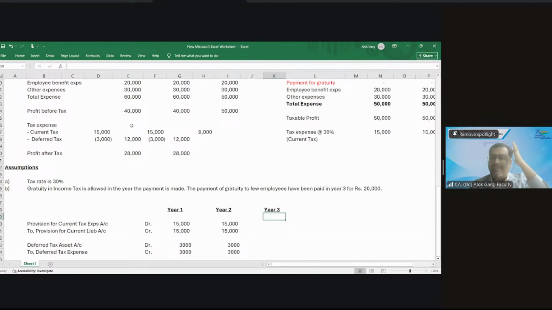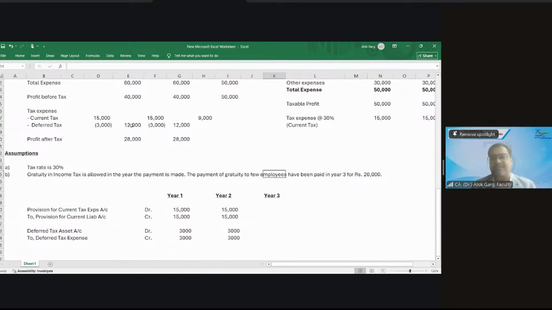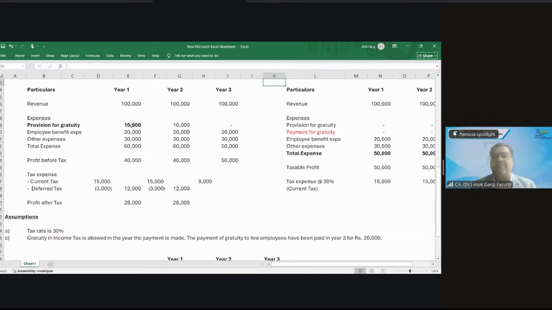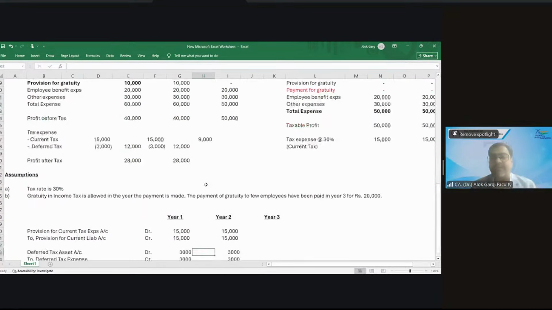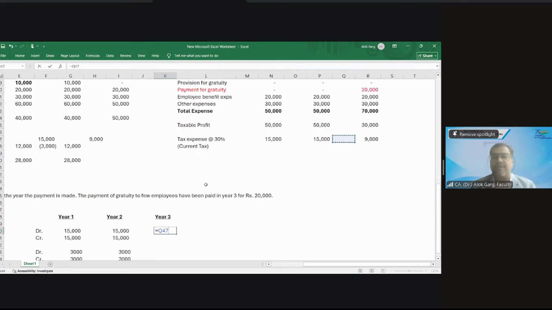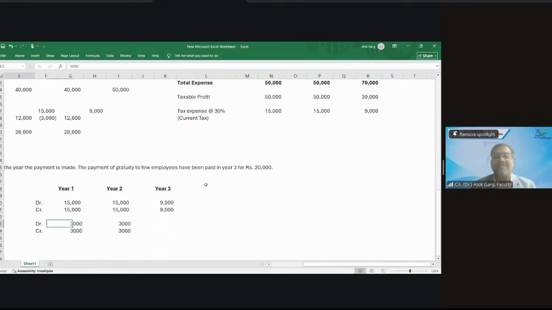In year 3, technically speaking, your 50,000 is the accounting profit, and 30% is the tax rate. 15,000 should be the tax expense, but it is only 9,000. So in year 3, your current tax expense is 9,000. What about your deferred tax expense?